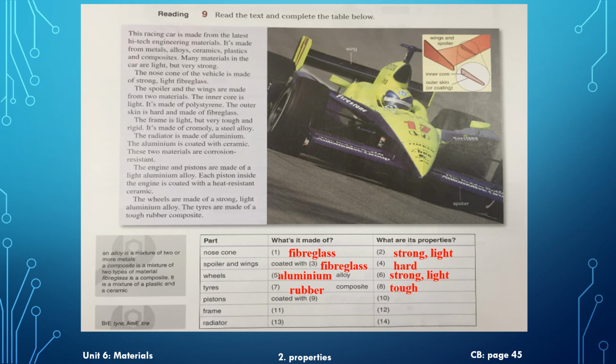The pistons are coated with ceramic because it's heat resistant. Number 11, the frame is made of chromoly because it's light, tough, and rigid. Number 13, the radiator is made of aluminum. Why? Because it's corrosion resistant. Very good.